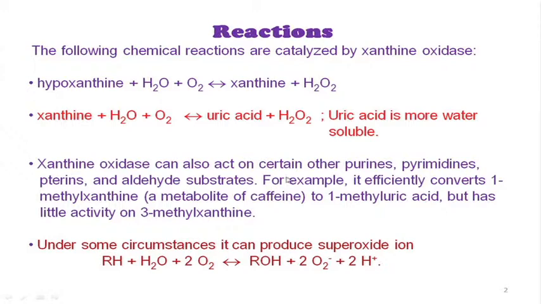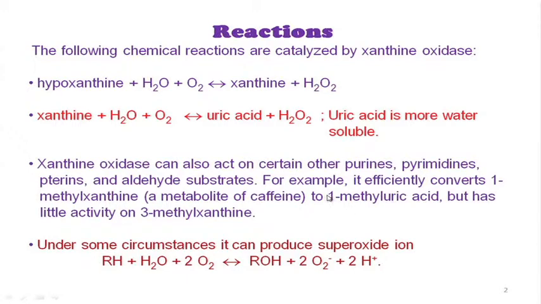So, in the caffeine system it is not only the bare xanthine molecule but the methyl xanthine molecule, but based on the same type of reaction as xanthine to uric acid, it can also convert. We can argue that if one position is occupied by methyl, it has not much effect on the conversion of the parent xanthine to uric acid.